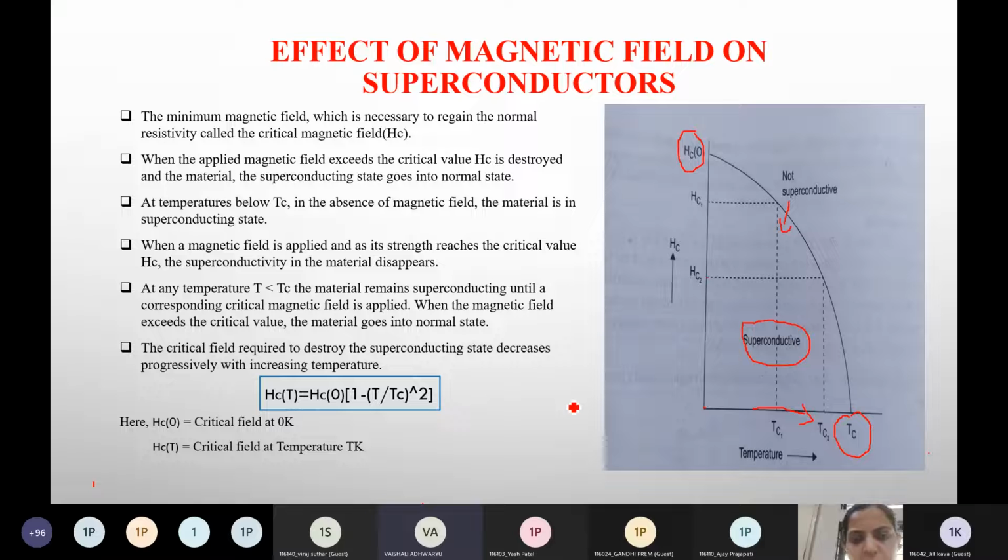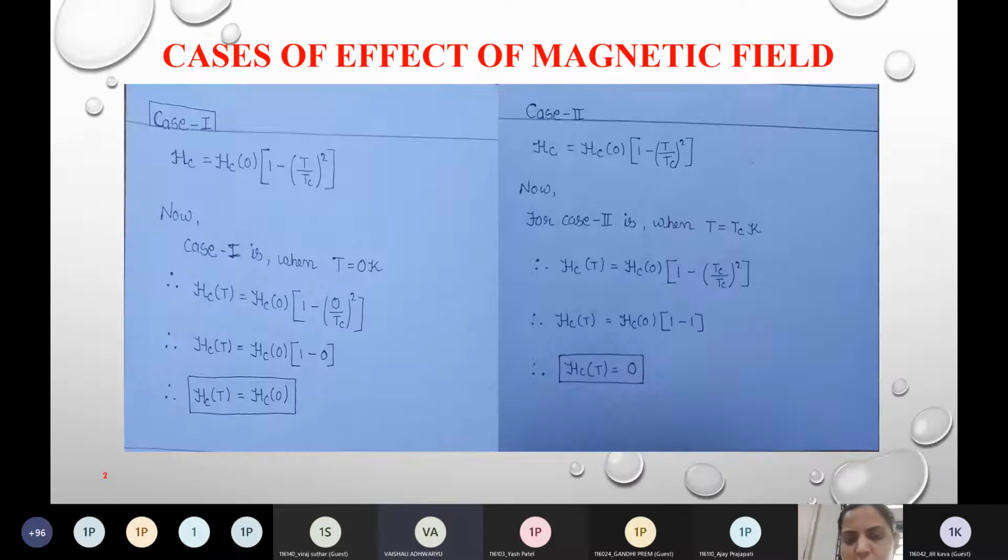Because when Jill explained, in the next point she took two cases, and she was explaining that when T is equal to Tc, do you think you can apply a field on that material? When your material is exactly at Tc, on the borderline, do you think you can apply a magnetic field on the material?